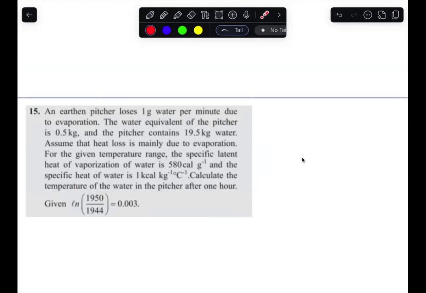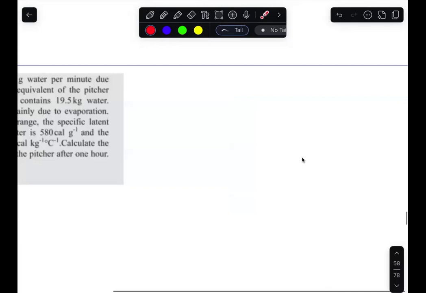The specific latent heat of vaporization of water is 580. L given, S given. Right. No issues. So what is happening here? Due to the evaporation, it draws heat from the water inside.